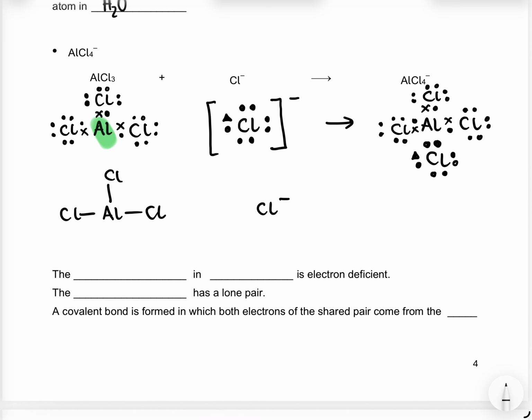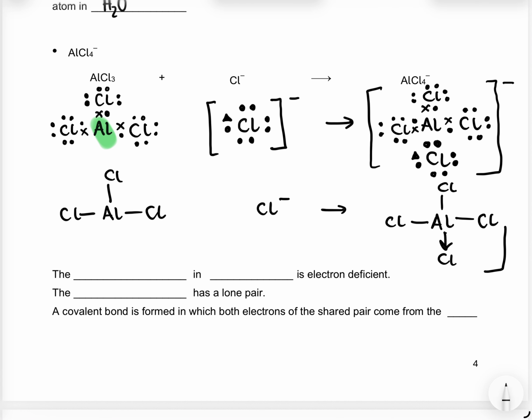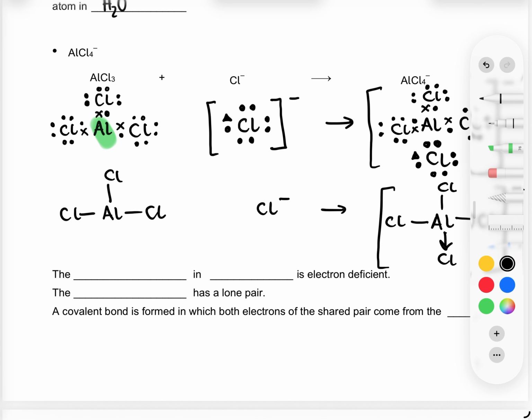The point being that it has 2 from the same atom, and the whole thing is now minus. So we've got lots of lone pairs on the Cl.